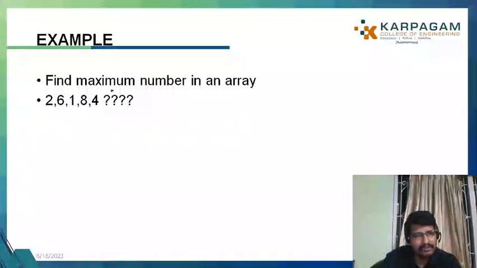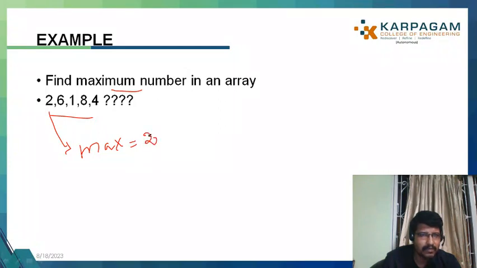Think about an example like finding the maximum number in an array. What logic can you apply? You just take the first element as max. Say I'm taking the number 2 as max. Now compare 2 with 6. I have 6 which is higher than max, so now the max becomes 6. What else can I do? Compare 6 with 1. 1 is smaller than 6, so my max is again 6, retained the same value.